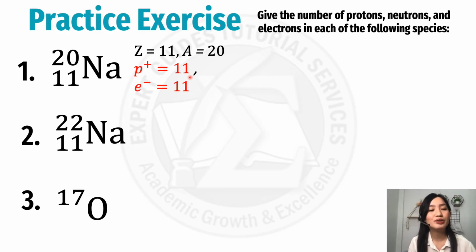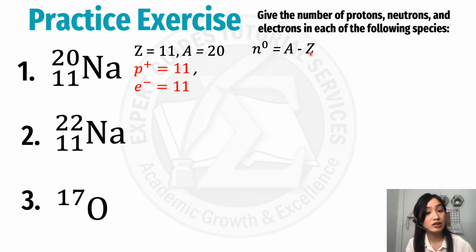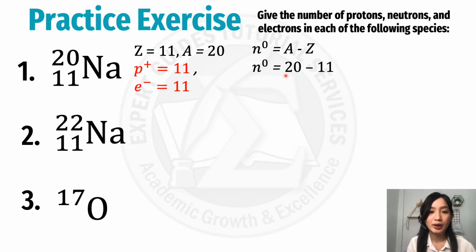This time, we're going to compute only for the number of neutrons. So number of neutrons is equal to mass number minus atomic number. So 20 minus 11, we have the number of neutrons of sodium as 9. So we have sodium 20 with a number of neutrons of 9.